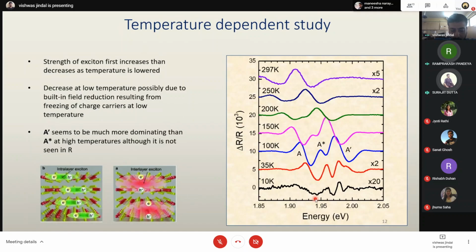Is it true, Vishwas? No, that's what I was saying. Here in the reflected spectrum, this is very sharp, even as you go down in temperature. Then the question is, why is that number not going down, the way you have explained the exciton formation?